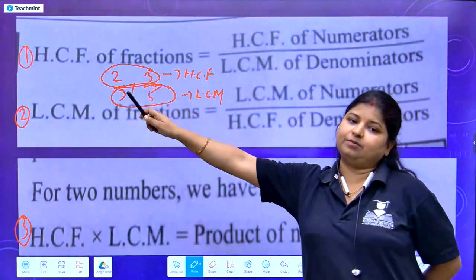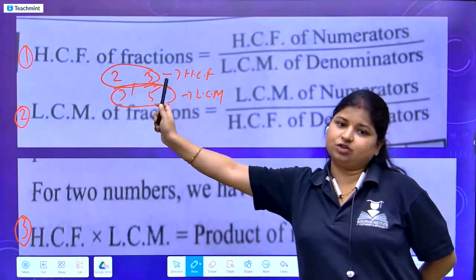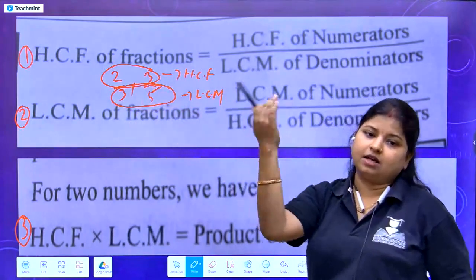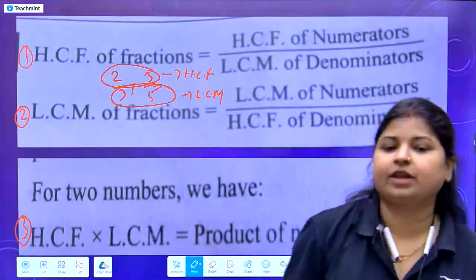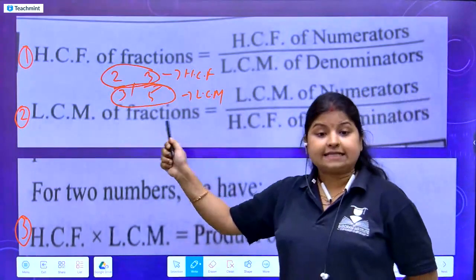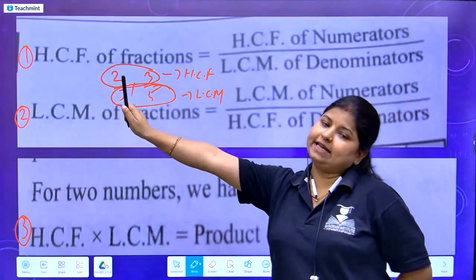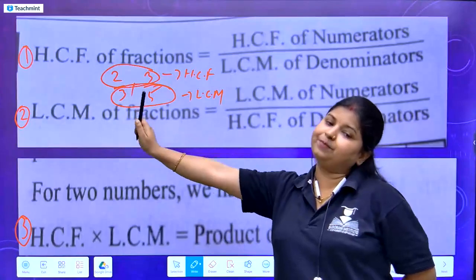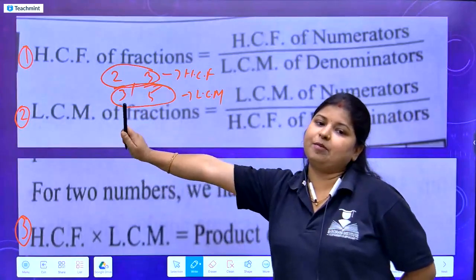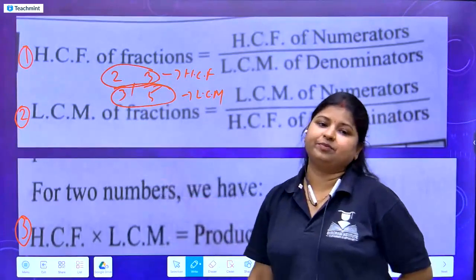Numerators means what? Suppose we have 2 and 3. So 2 and 3 are the numerators here, the upper part of the fraction. 3 and 5 are the denominators. So you will take the HCF of 2 and 3 and the LCM of 3 and 5.